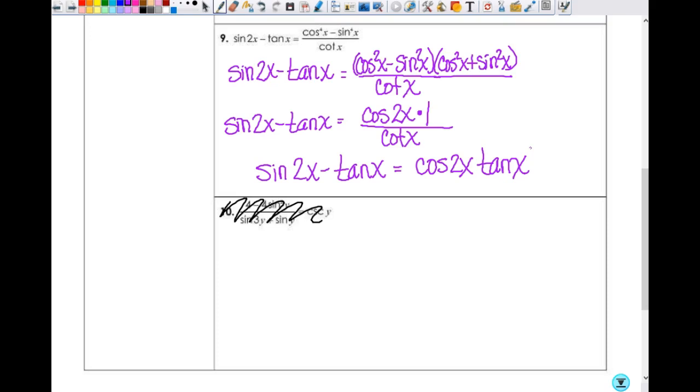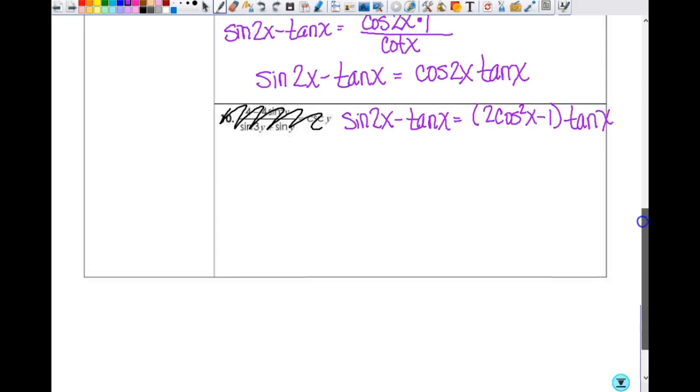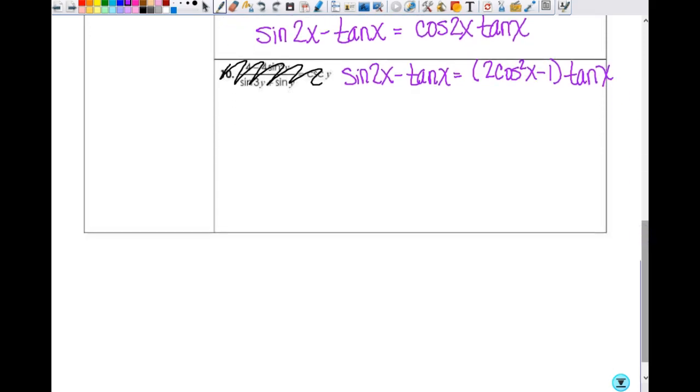The third one. So I'm going to rewrite this sine of 2x minus tangent x equals, and then that third one is 2 cosine squared x minus 1 times tangent x. Everybody with me so far? I'm going to rewrite the left-hand side again.